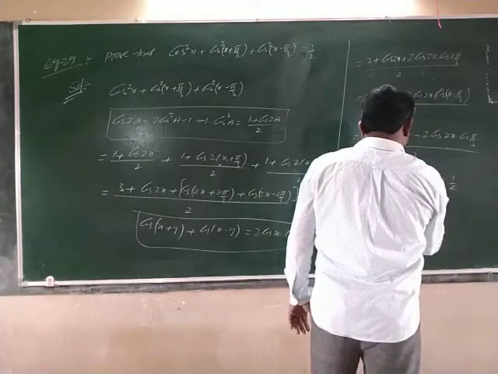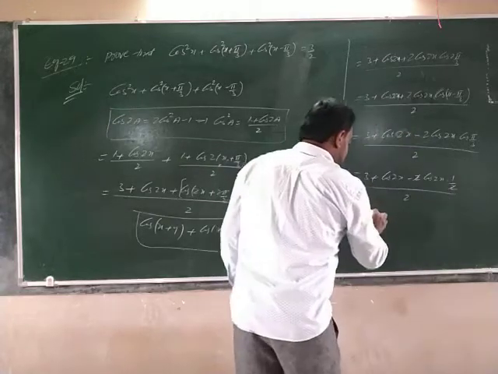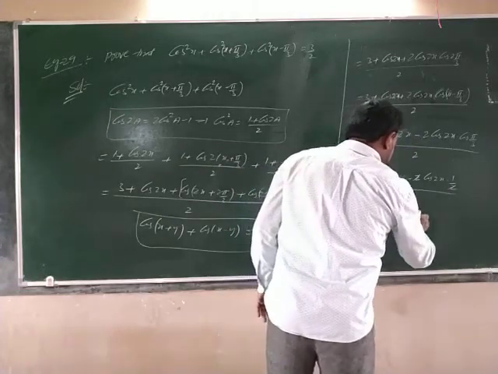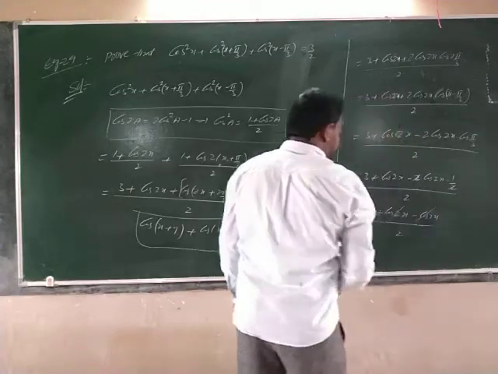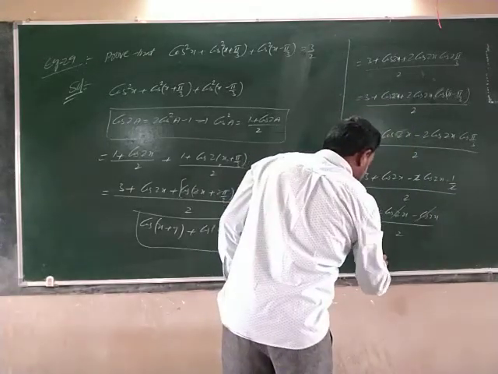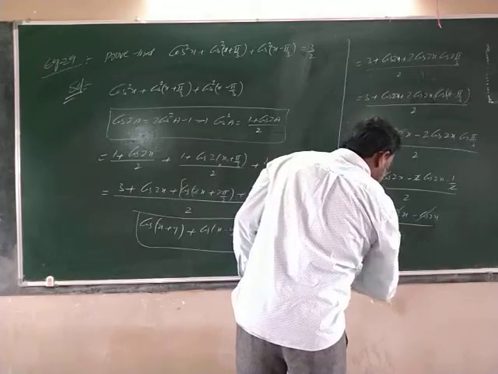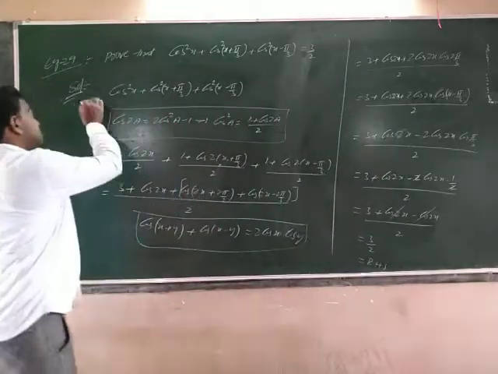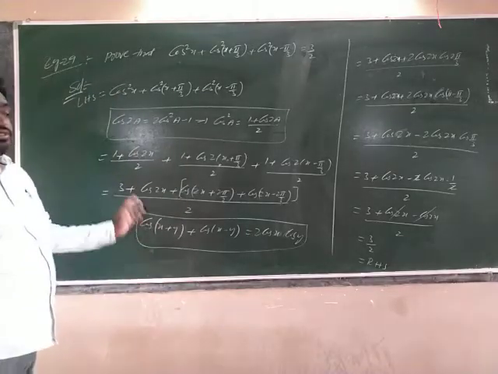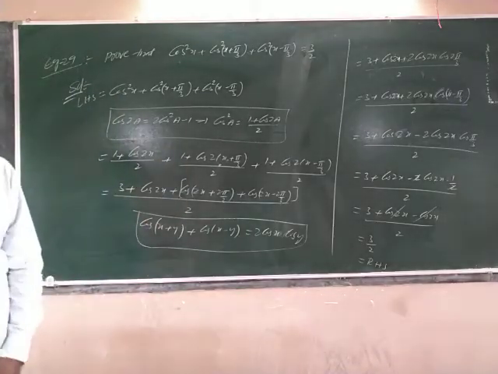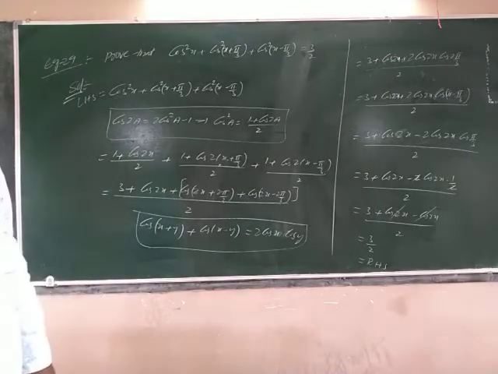So 3 plus cos 2x minus cos 2x, by 2. The cos 2x terms cancel. This is equal to 3 by 2. This is our RHS, and this was our LHS. LHS is equal to RHS. Important question. We practice with this one, right? These are our examples.